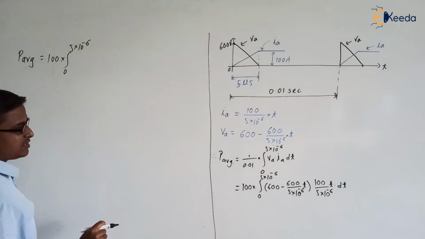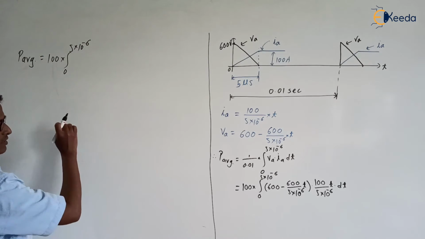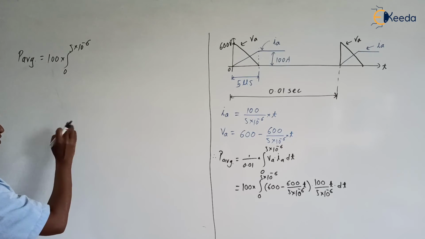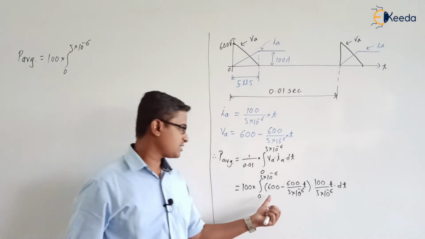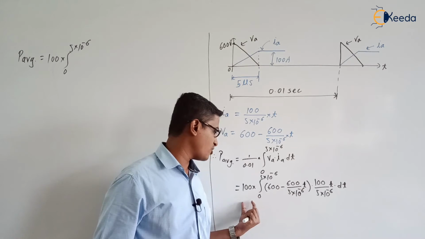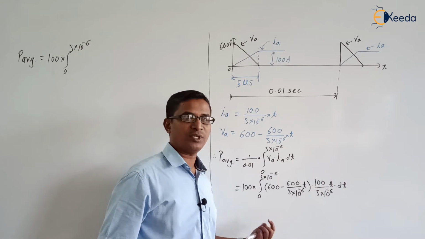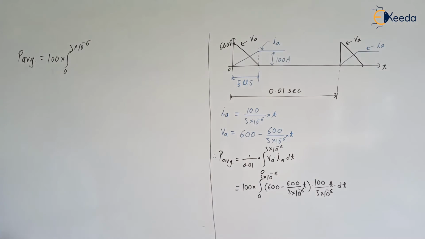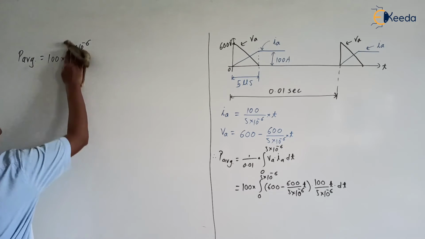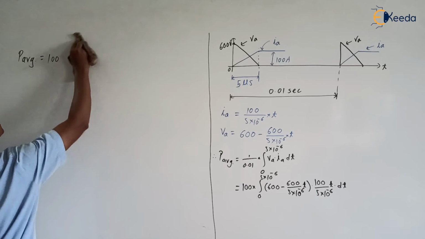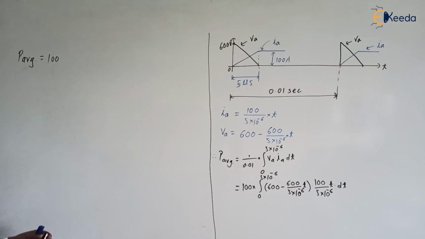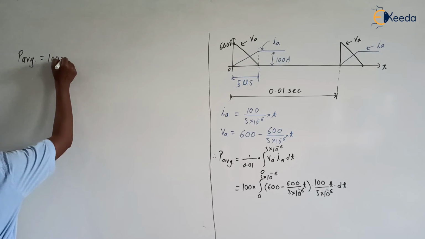So it is 600 into 100. Can we take 600 into 100 outside? Yes, this is 600 minus 600, so we can take 600 common, as well as we can take 100 common. So it is 100 into 600 into 100.